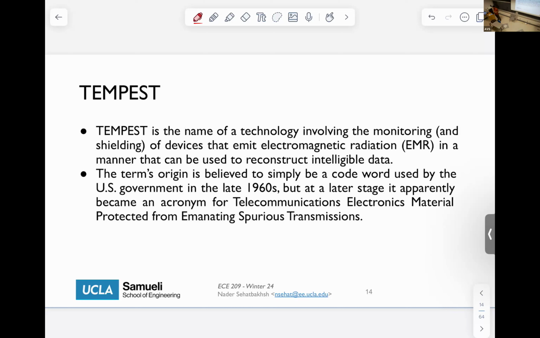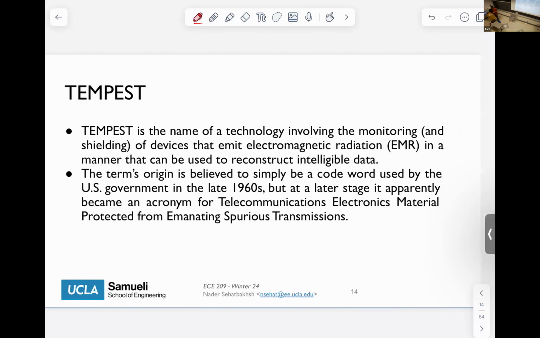And as I said, in the late 60s, it became a full-on important project in the US government to make sure that there's nothing leaking information.